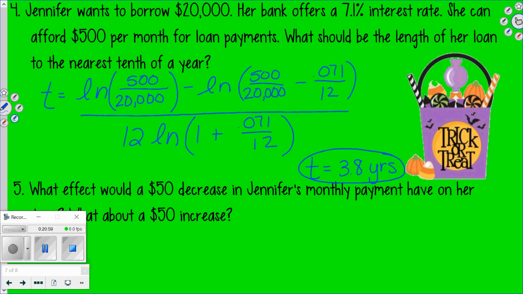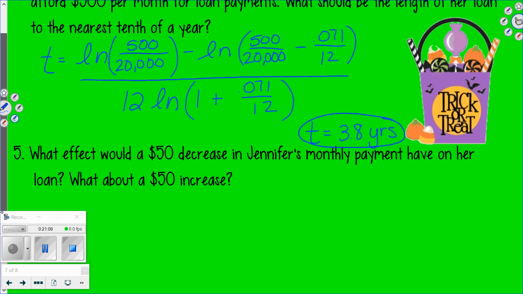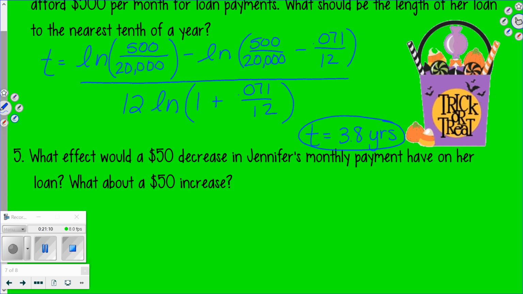All right, number 5. What effect would a $50 decrease in Jennifer's monthly payment have on her loan, and what about a $50 increase? So, hold on, guys, focus. So a $50 decrease, that would change this number to what? 450, and change this one to 450.